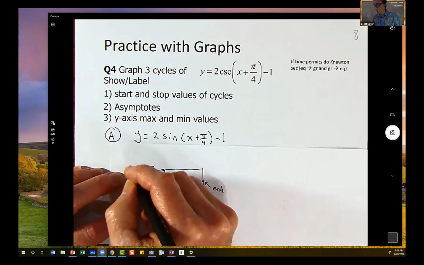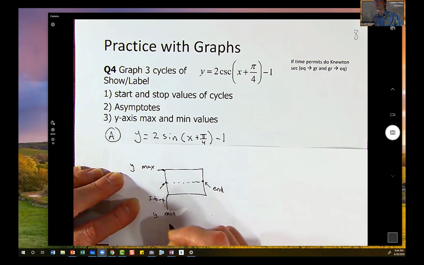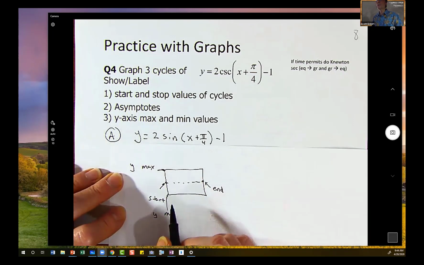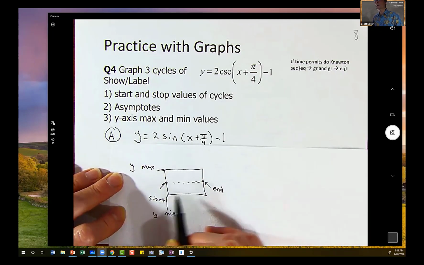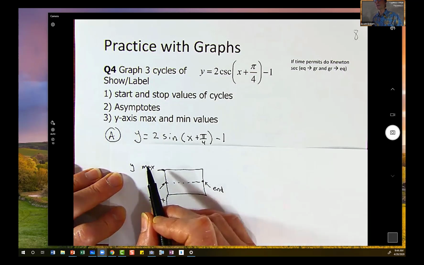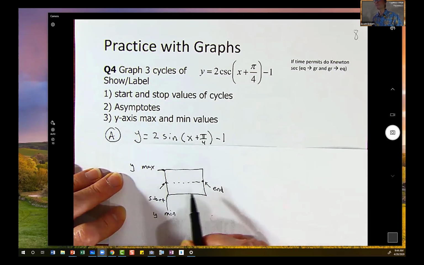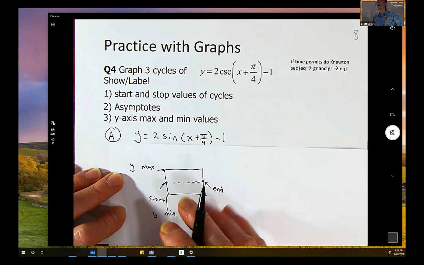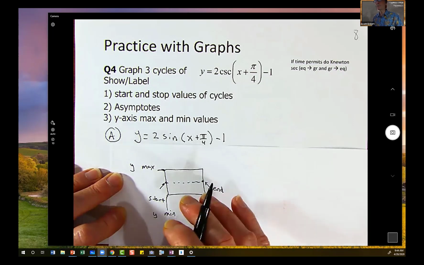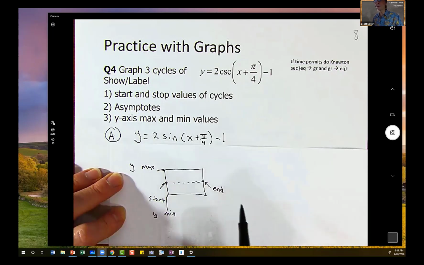So you've got a y max and a y min. That's all I want: 4 numbers and a box. You're not going to draw a graph. You're not going to put a wave in there. You're only going to draw a box. Is everybody understanding the direction so far?